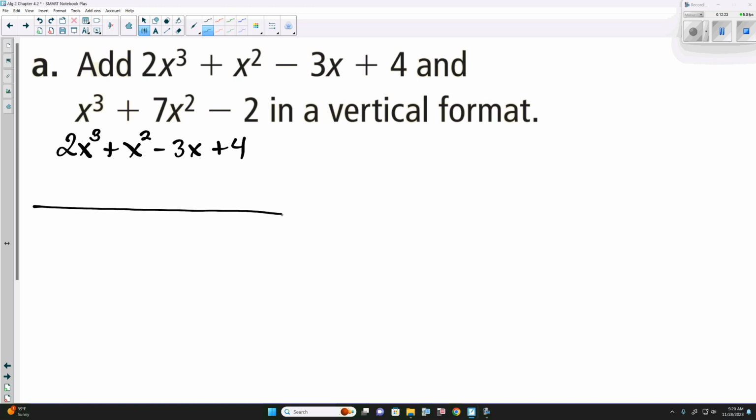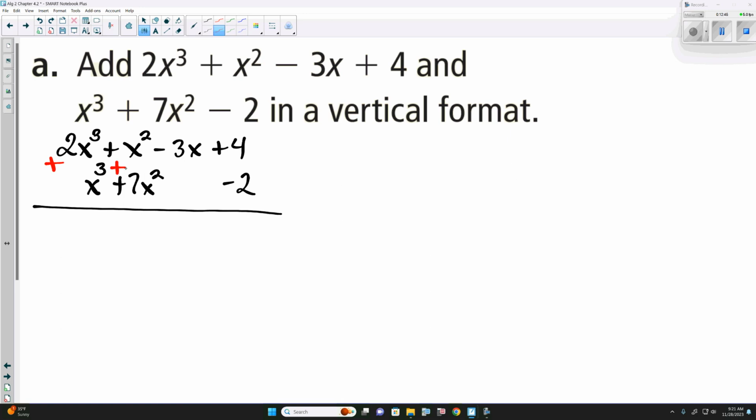Over. The second one, we have our x cubed term, so just x cubed, plus 7x squared minus 2. Just like the first one we did vertically, they left out the x term, so we kind of leave a space there so we don't combine unlike terms.